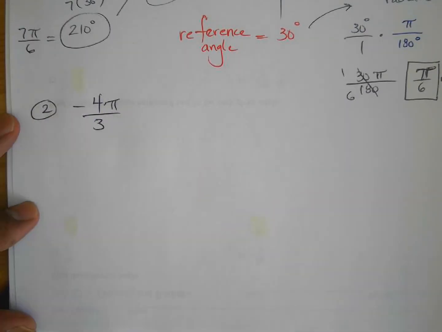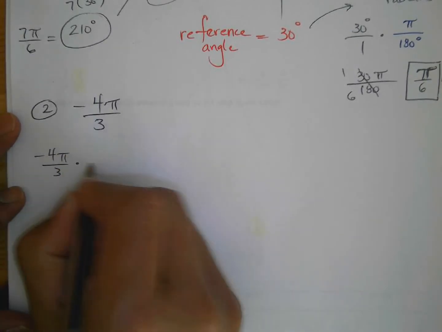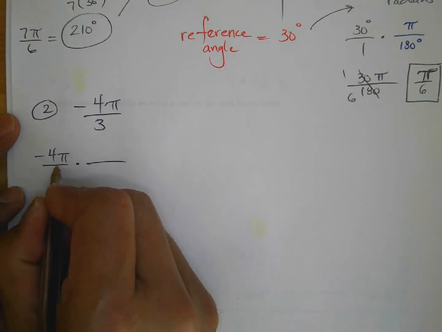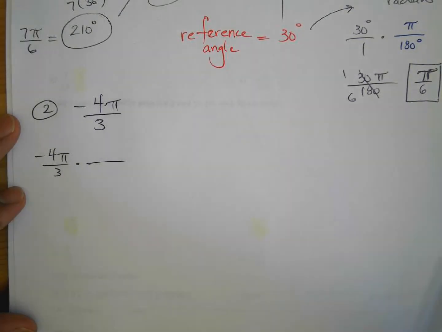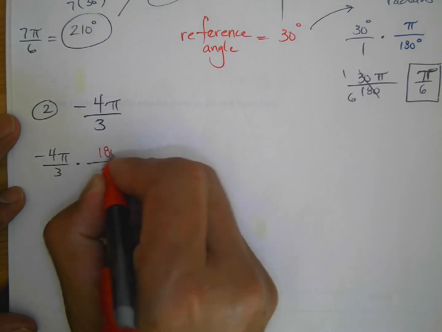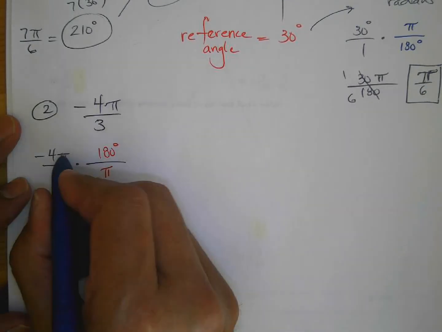Let's convert this to degrees first. So given the negative 4 pi over 3, which is in radians, convert it to degrees. If this is pi here, then the pi goes down here in the 180, right? That's how we convert. We learned that last time. These all cancel out.